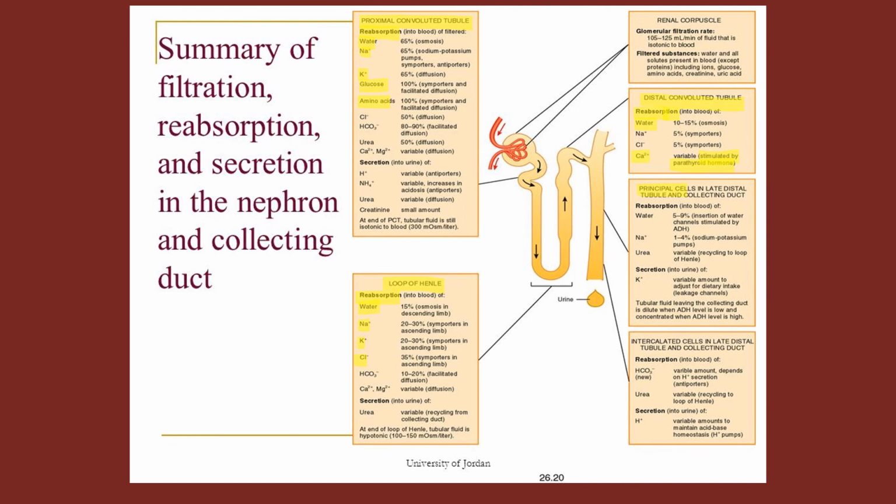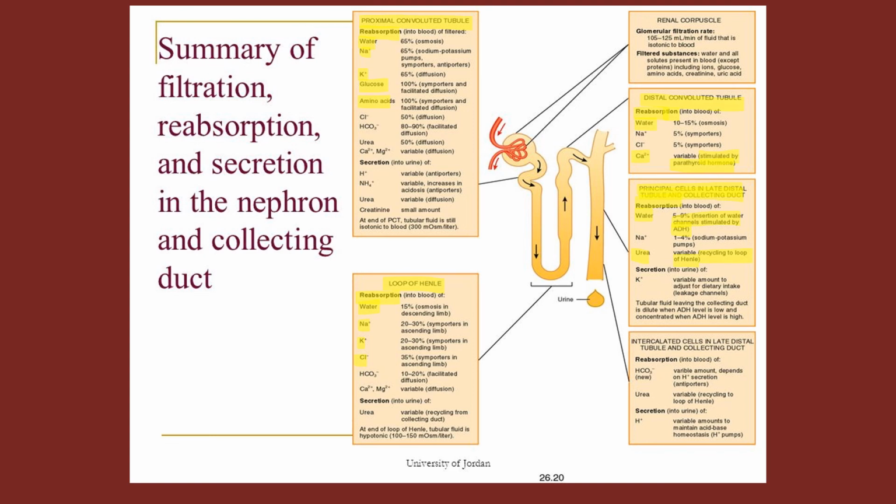Then we can also see the principal cells in the late distal convoluted tubule and the collecting duct. Going to be reabsorbing more of that water, again stimulated by antidiuretic hormone, and that urea recycling to the loop of Henle.